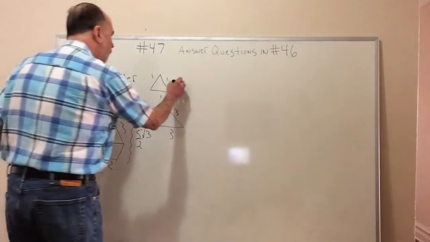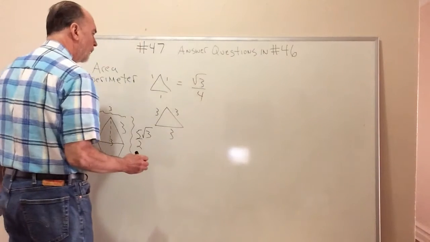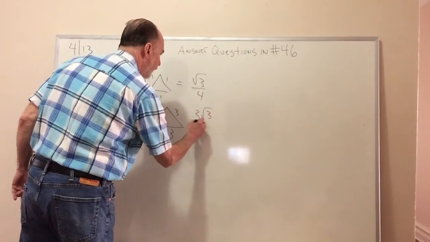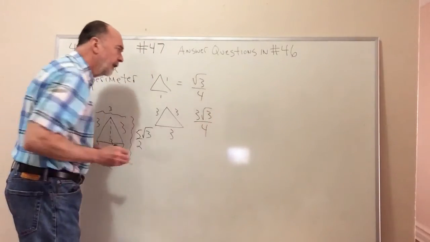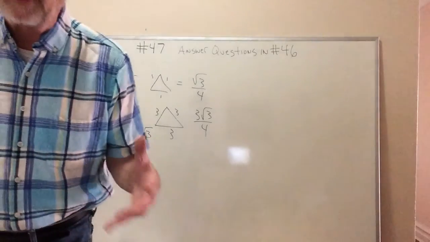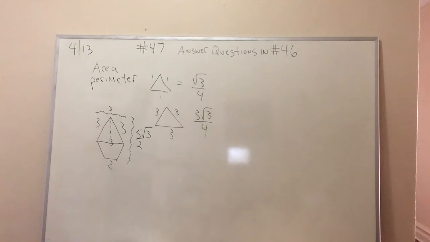So if this equaled, as we already know, 3 over radical 4, okay? The area of this one must equal 3 radical 3 over 4. That is the scale factor times this. There's another example of how similarity is a powerful tool that enables you to work without doing all this math.